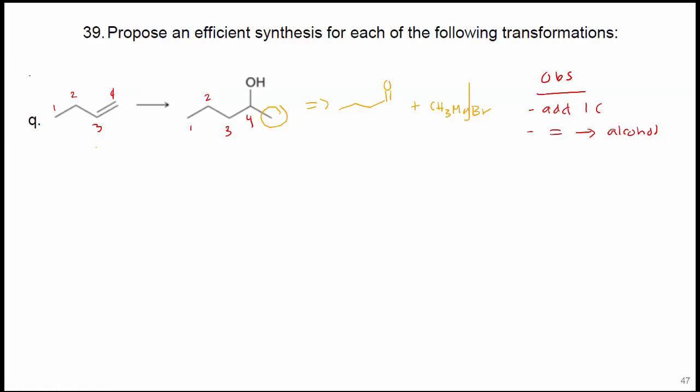And to do that in the forward direction, I need to have an alcohol in place at the end. The reactions that I know how to do that are BH3 and then peroxide. And then to get to the aldehyde, I can use the Swern oxidation.